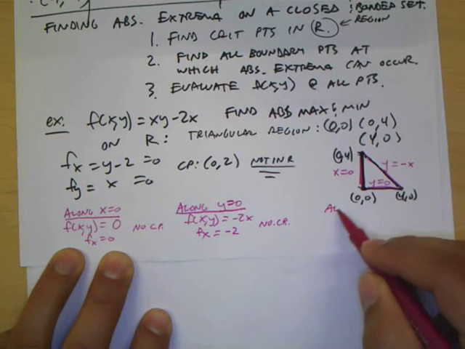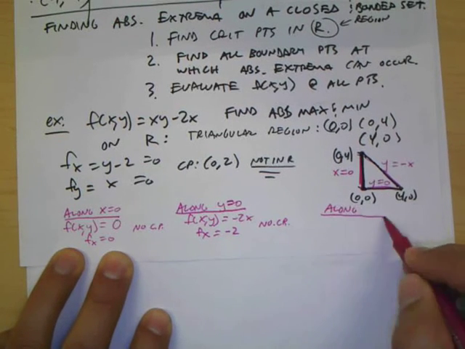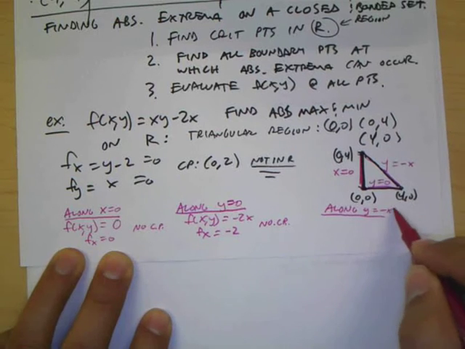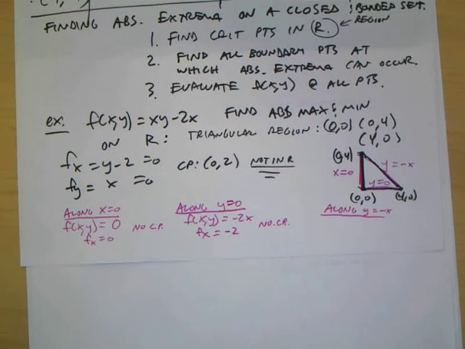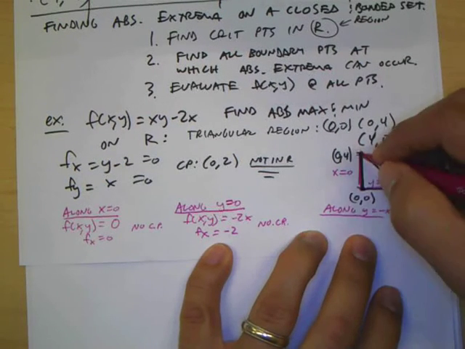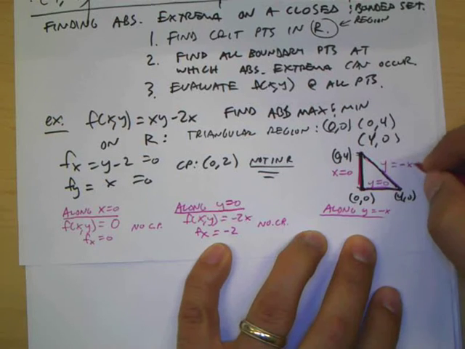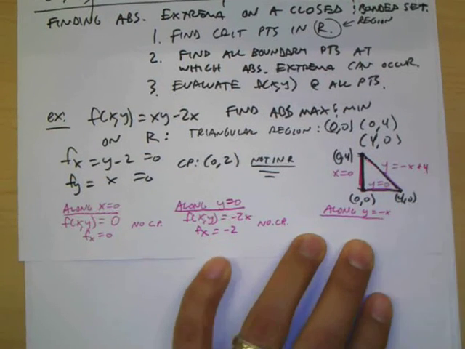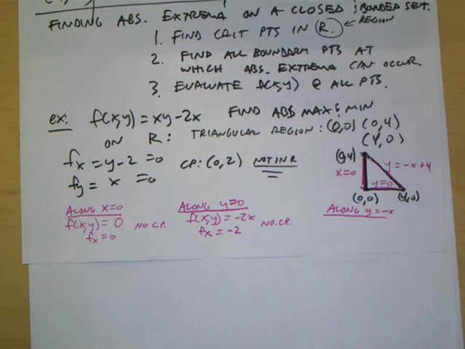The last piece is along y equals negative x. Shouldn't that be y equals negative x plus 4? Yes, it should be. Negative x, thank you. Not only is it a negative x, negative 1 slope, but we do have the y-intercept that we forgot about. Thank you.